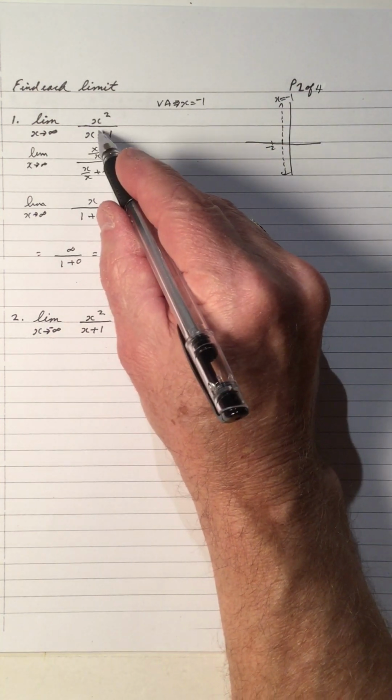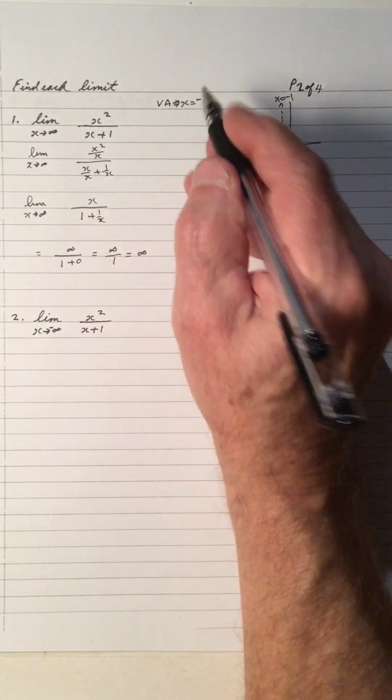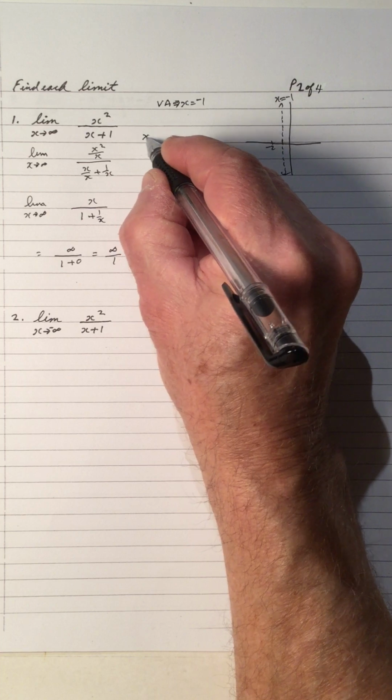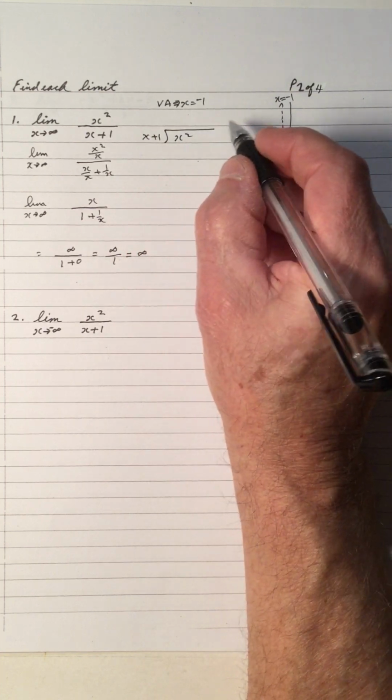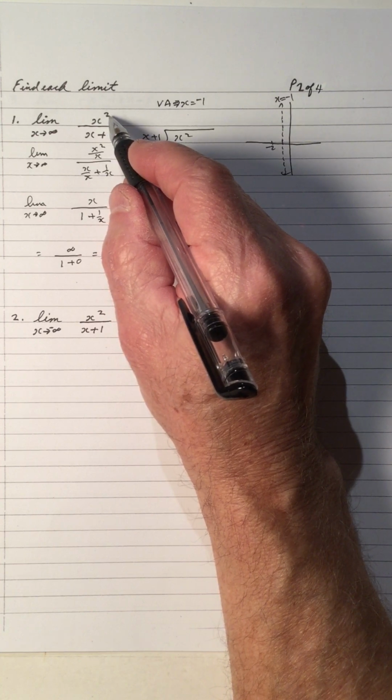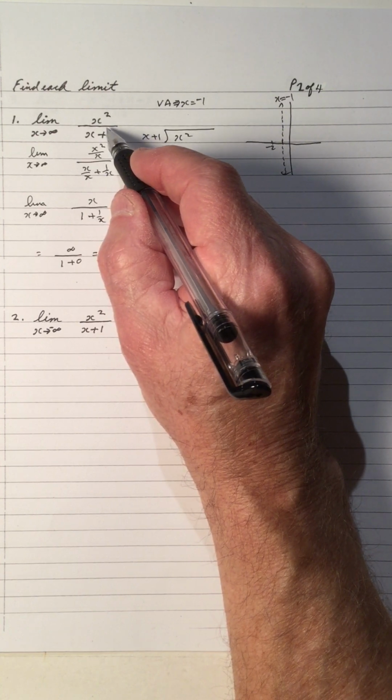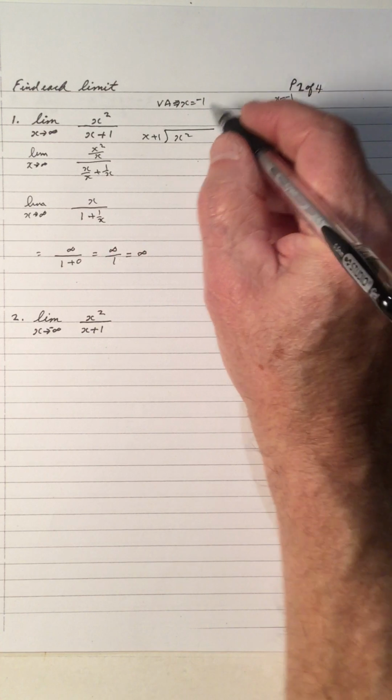But also, because x plus 1 can divide into x squared, because the numerator has a higher degree, we'll have an asymptote here.